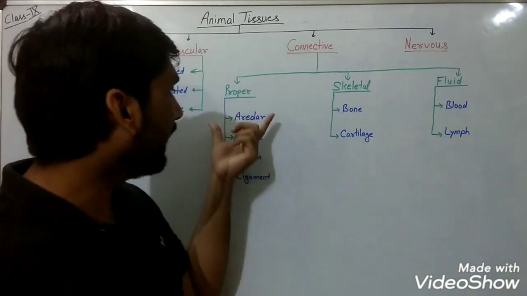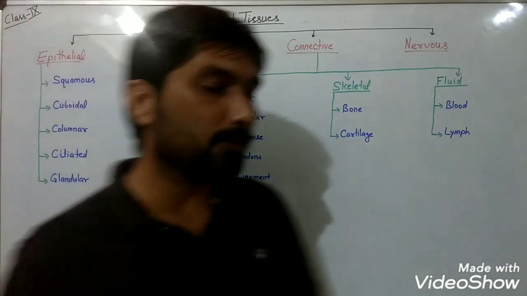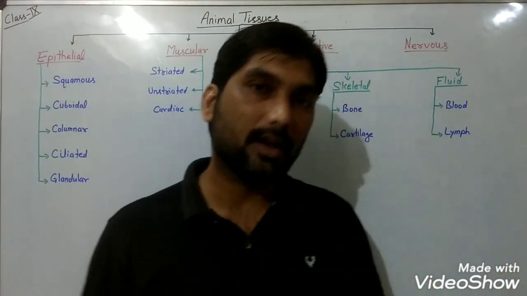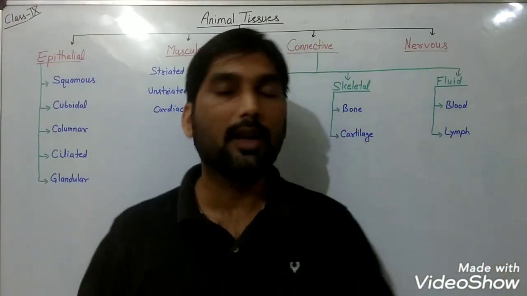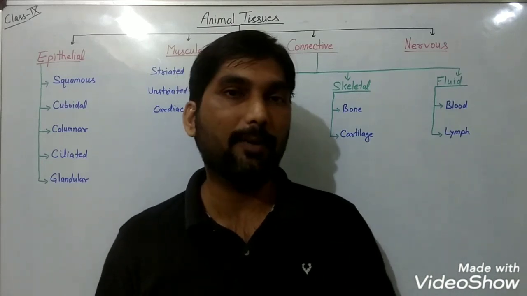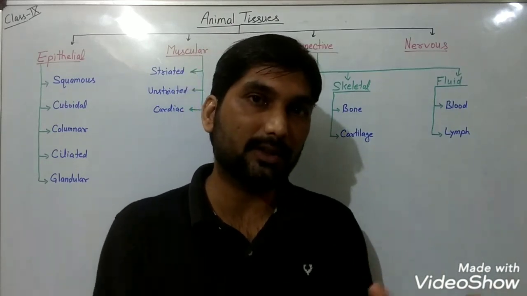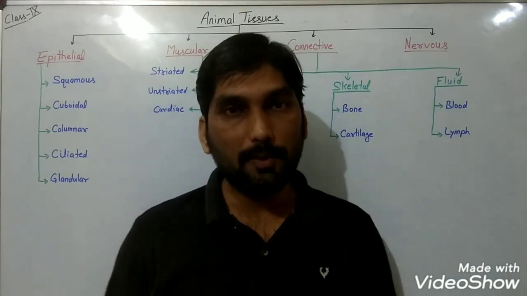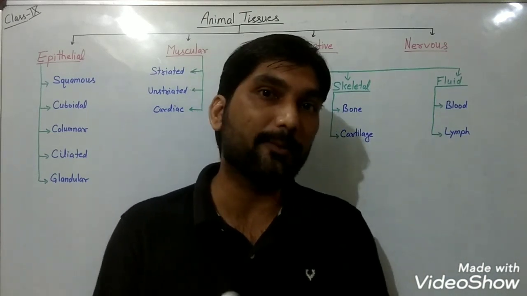Adipose tissue. And when we talk about the areolar tissue, perhaps you still remember that in plant tissues we have read about the parenchymatous cells, permanent tissue. So they were performing the function of storage as well as filling.